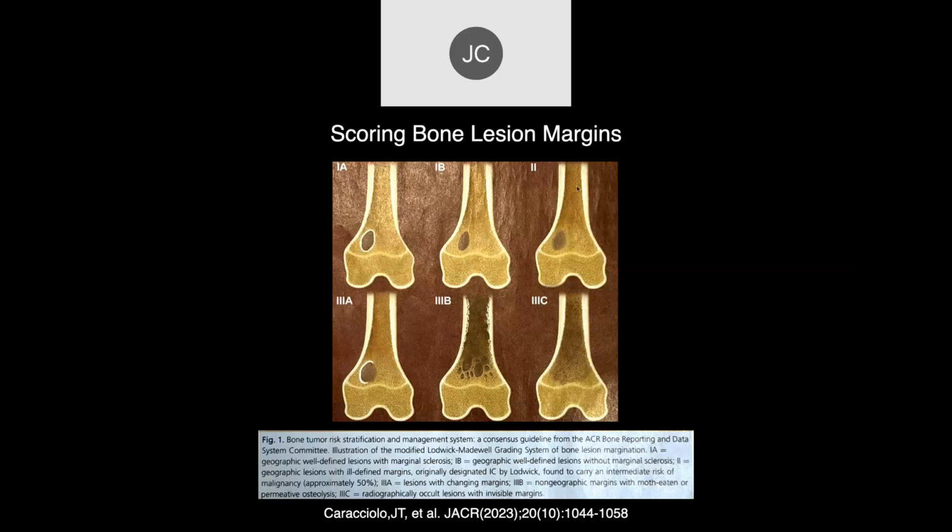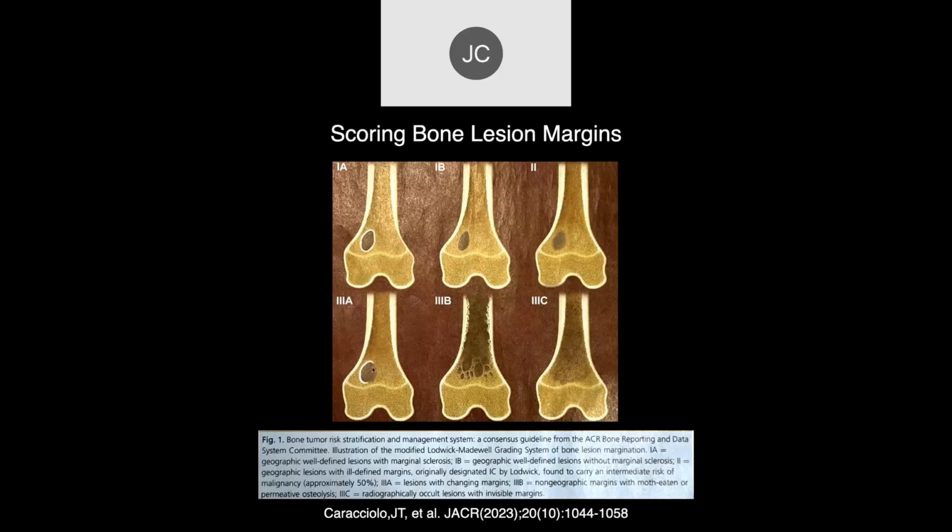So first, looking at the margins of the bone, and you're all probably quite familiar with this, looking at different scoring systems. Basically, there's 1A, which is a sharply well-defined lesion with sclerotic margins. 1B is a sharply defined lesion with the margins sharply defined but no sclerosis. Another one is where you can see the margins of the erosion, so it's a geographic type lesion, but the margins are ill-defined.